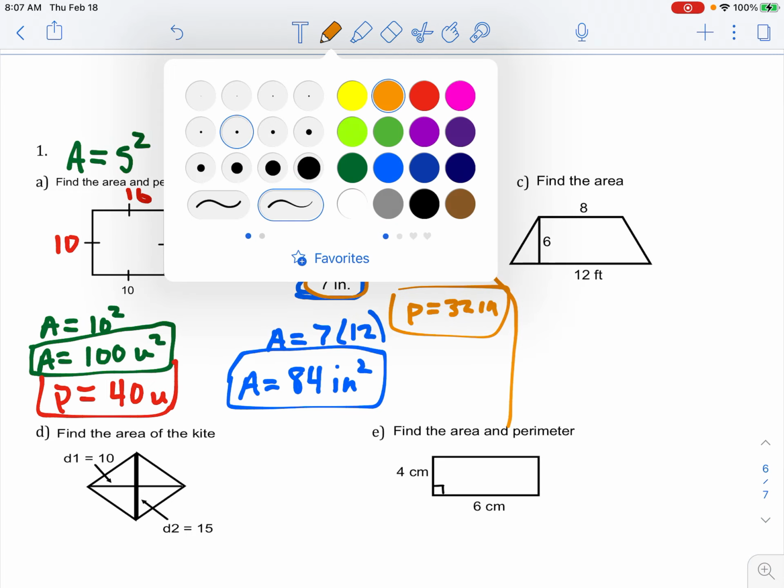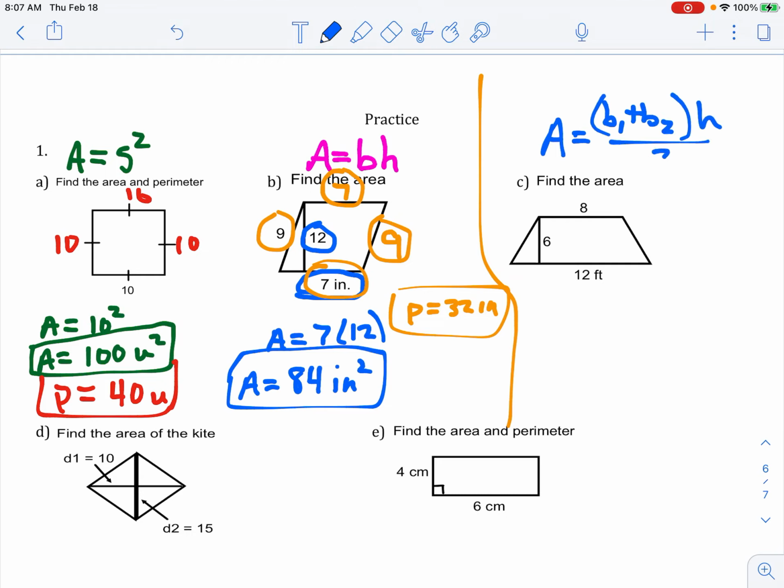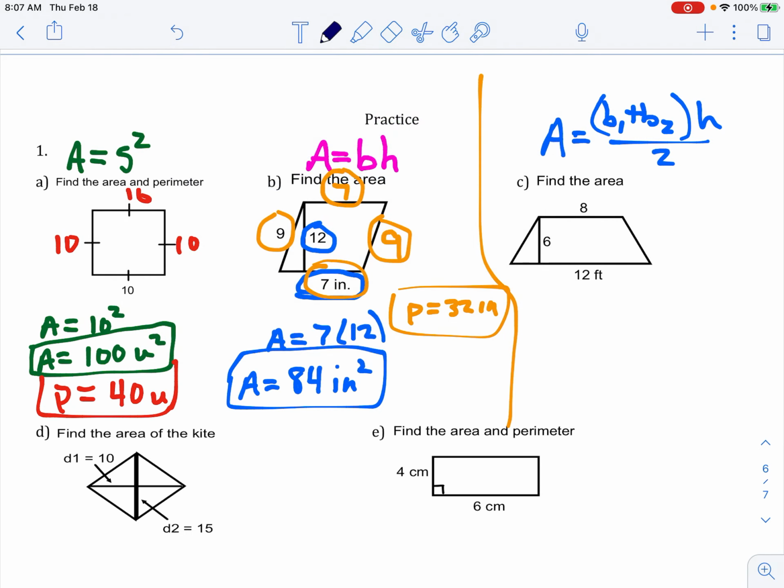All right, let's go to letter C. First, we want to identify what type of shape it is so we can figure out the formula. That right there is a trapezoid. Formula of a trapezoid says B1 plus B2 in parentheses times height, all divided by 2. Well, let's go ahead and plug this in then.